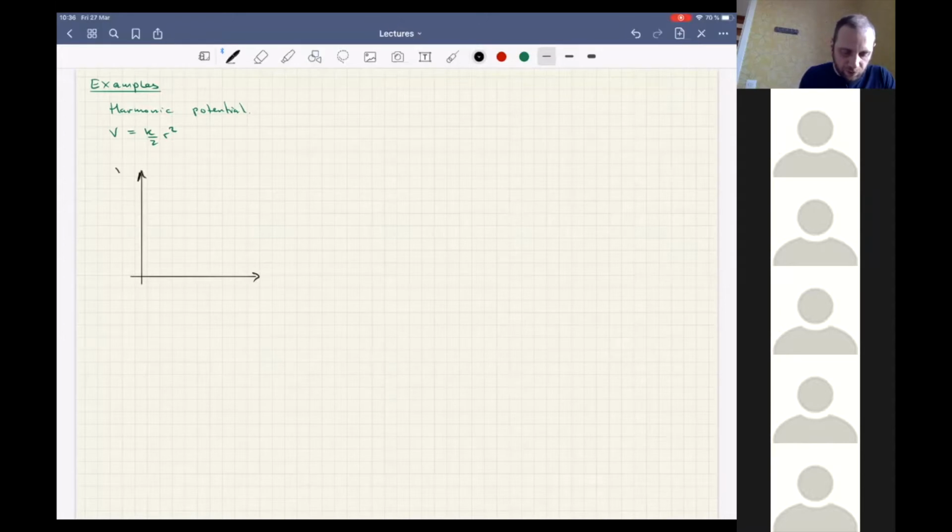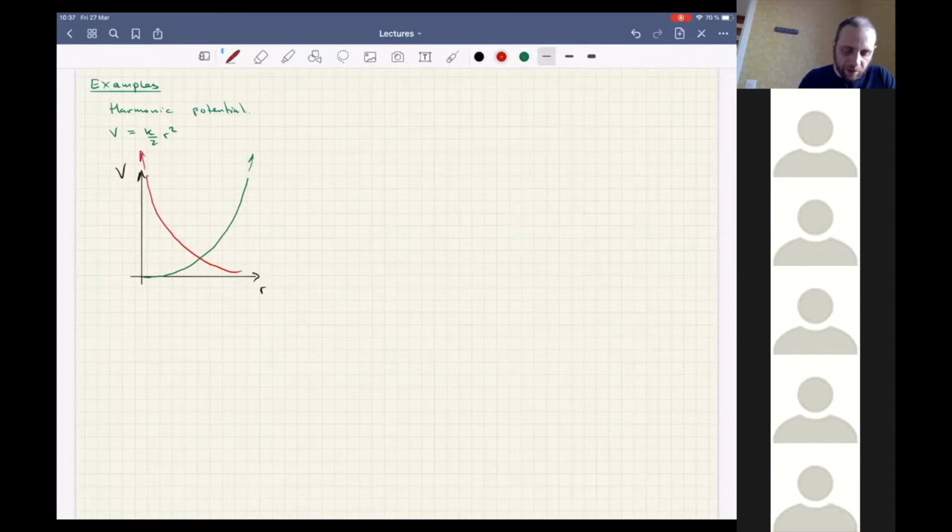In this case, if we look at the diagram we drew before, with V on the y-axis and r on the x-axis, we still have this angular momentum barrier, which looks like this, and the r squared potential itself looks like that, and it goes off to infinity there.